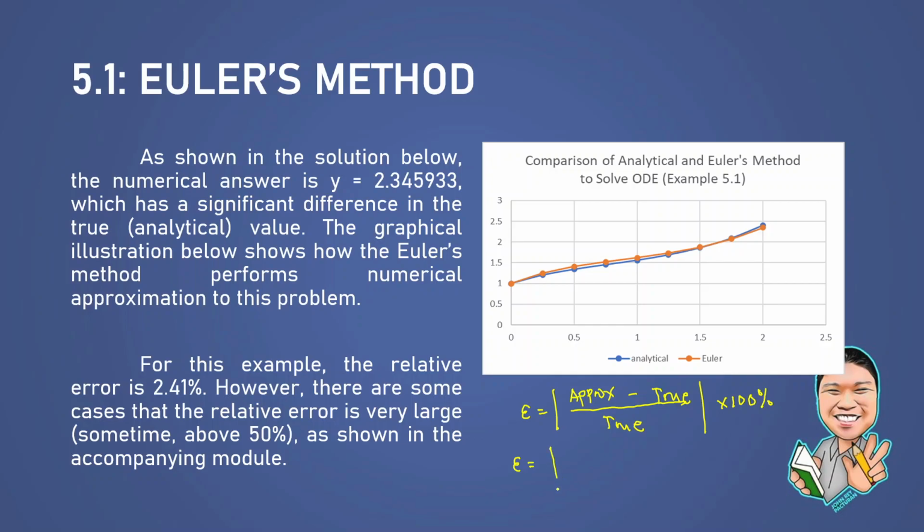So, for instance, dito, yung ating na-compute na approximate answer is of course the numerical 2.345933. And yung true value, di ba? As you can see doon sa previous slide, yung na-compute natin is 2.403770.